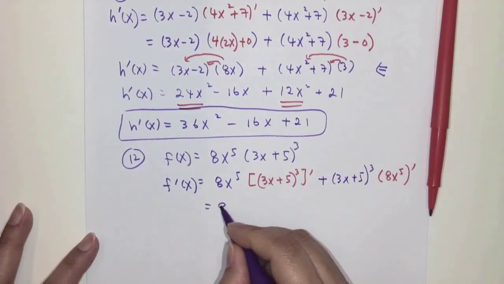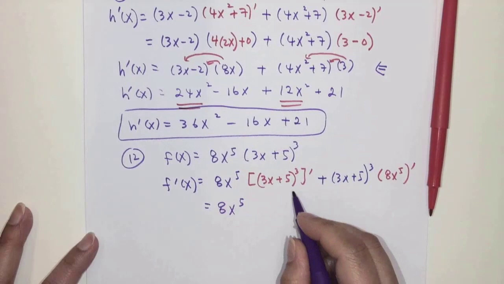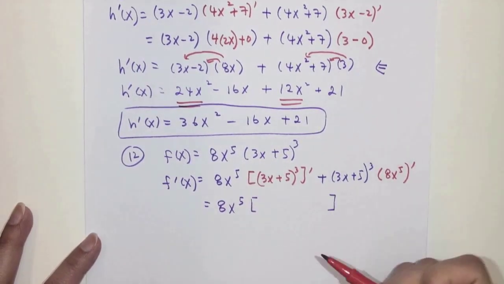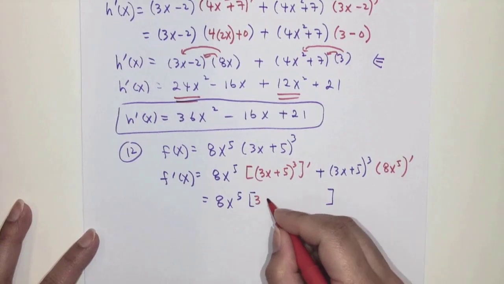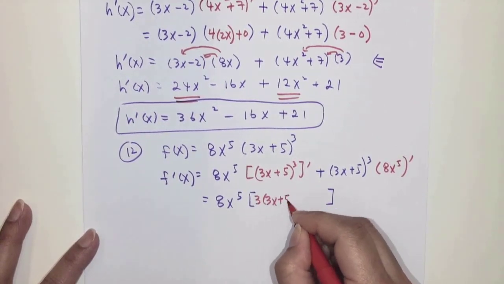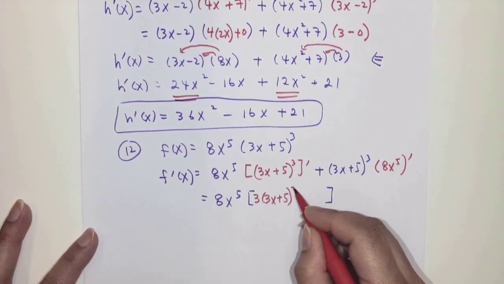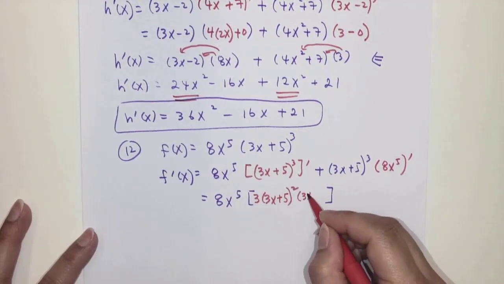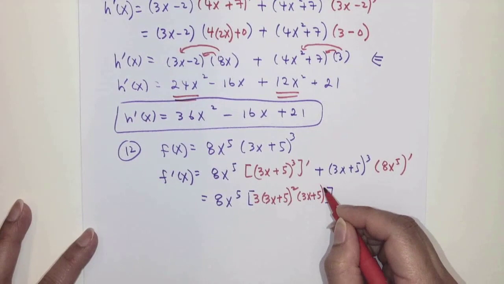Okay. 8x to the 5th power, this is a chain rule, so we're going to need to do outside and inside, right? So for the outside we put down the 3x plus 5, go down 1 degree is 2, and then we also need to take the derivative of the inside part, 3x plus 5 prime, right?